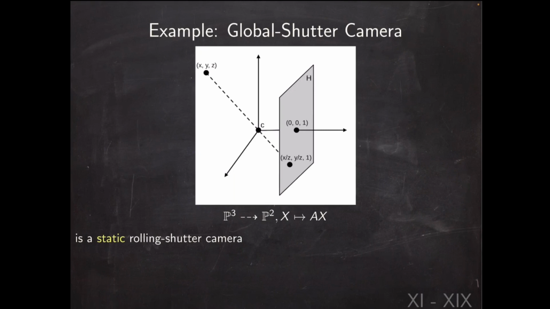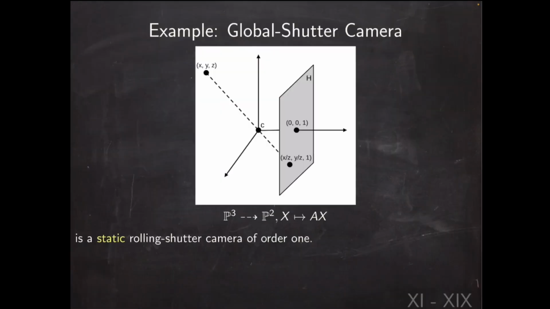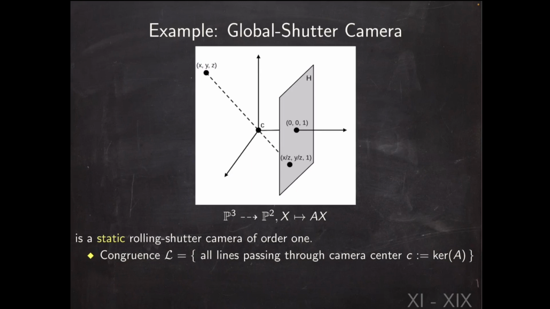So let's talk about these order 1 cameras a little bit more. We have seen already an order 1 camera, because every global shutter camera is one. I can think of a global shutter camera as a rolling shutter camera that doesn't move, because if the camera doesn't move, then it doesn't matter that it captures the image row by row. And this is in fact an order 1 camera, because the congruence associated to this global shutter camera is just all lines passing through the fixed camera center.